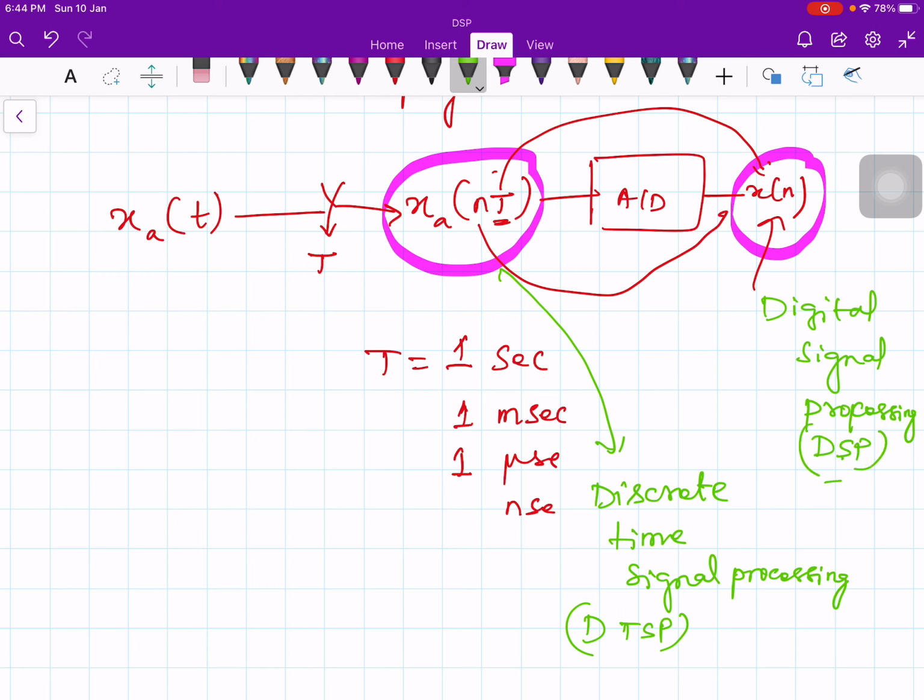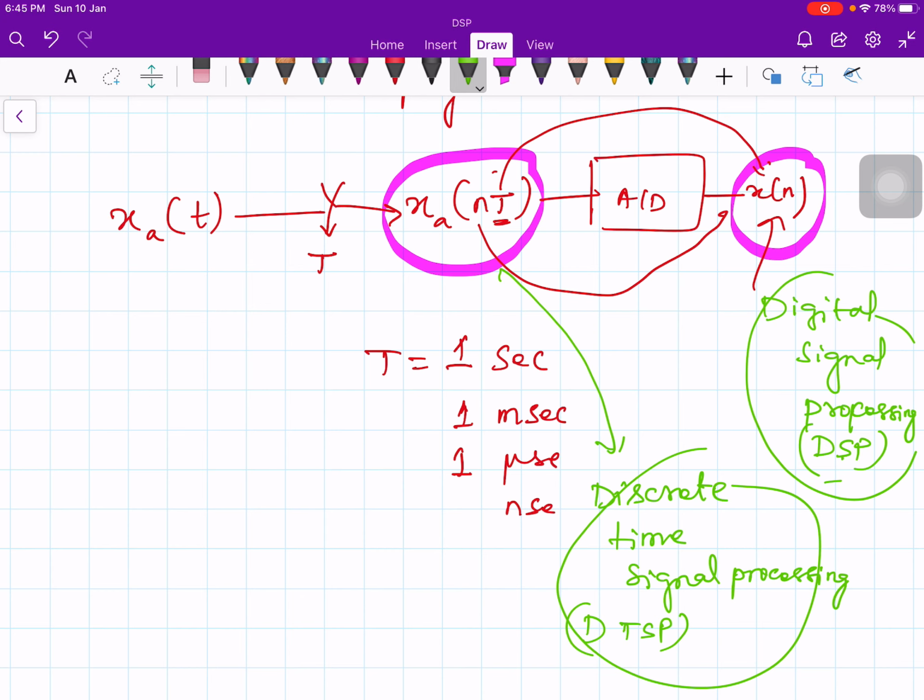Whatever the transforms, formulas, techniques, all are equally valid for both. No need to develop any separate thing for DTSP. So that is the beauty of this DSP course. You can use a Z transform for DSP as well as DTSP, no issues. Both are explained and analyzed in the same way.